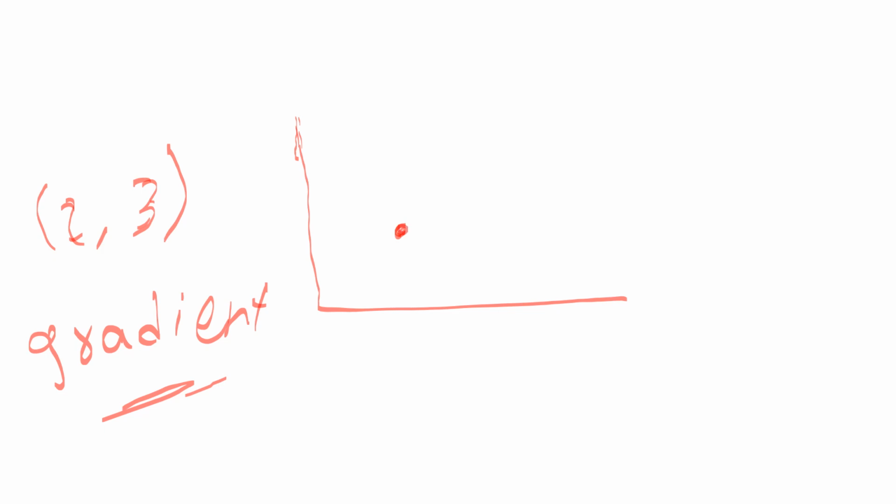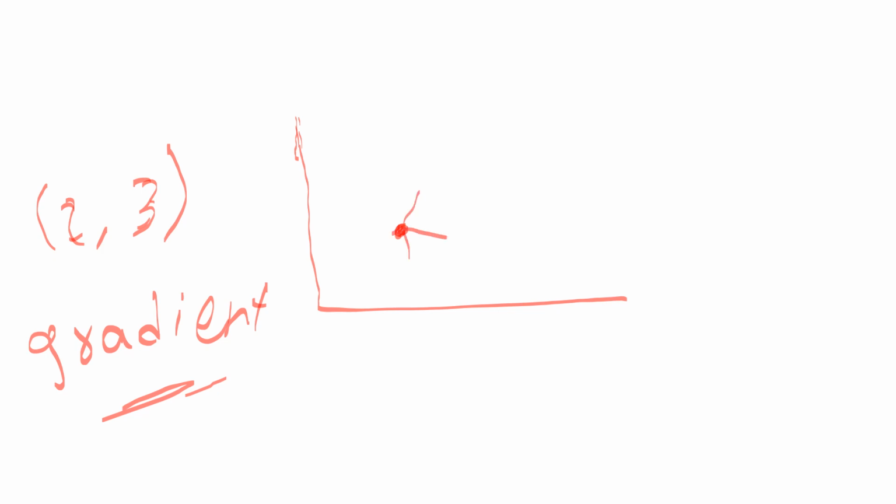From this point, it tells in which direction we have to move to get the minimum point. So this gradient function will tell us in which direction we have to travel.